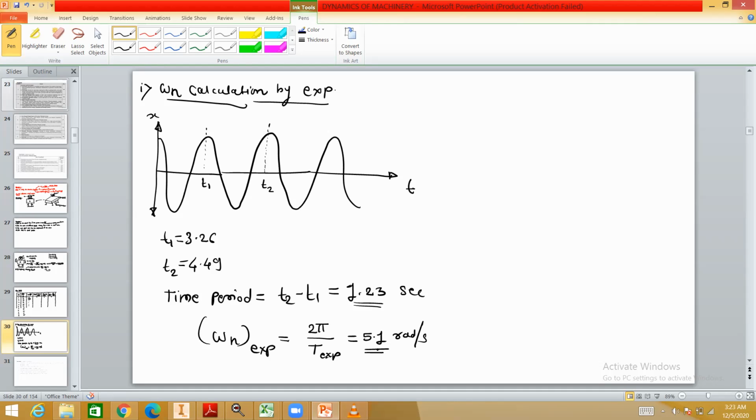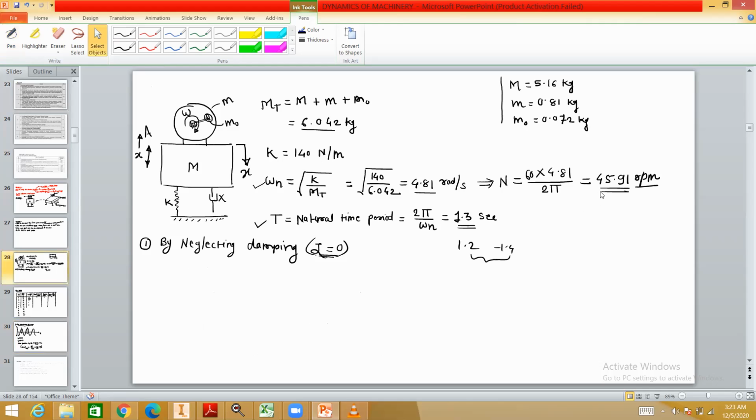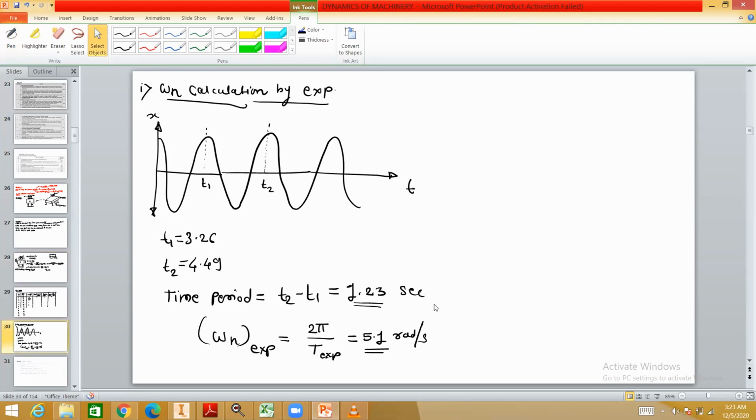Okay, so we have to check this value with the theoretical value. So what is our theoretical value? We have already calculated by using formula omega n is equal to square root k by m. So theoretical value is omega n is 4.81, or time period is 1.3 second. Okay, so it is near about theoretical value.